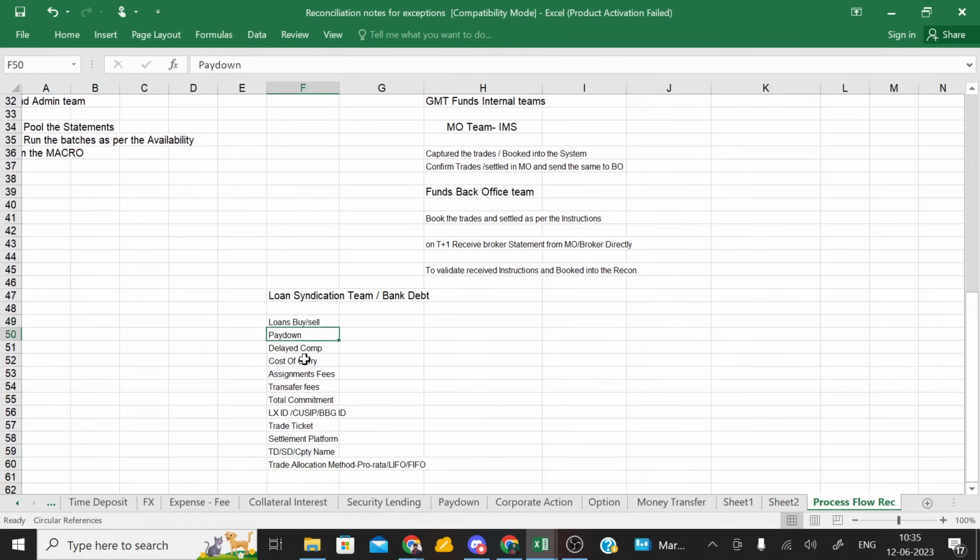So loan, buy and sell, pay down, delayed comp, cost of carry, assignment fees, transfer fees, total commitment, LX ID, trade ticket, trade settlement platform, trade details. So this is the key information.